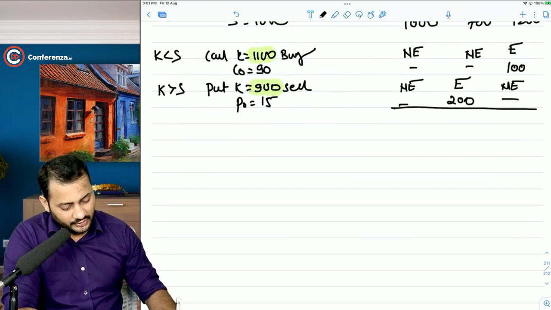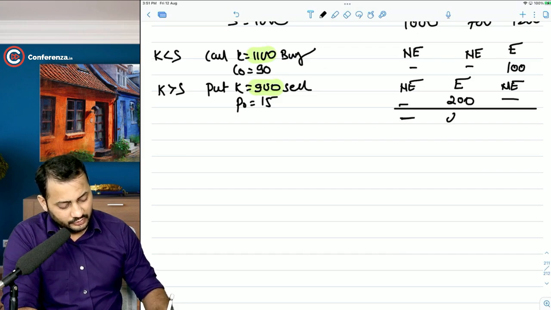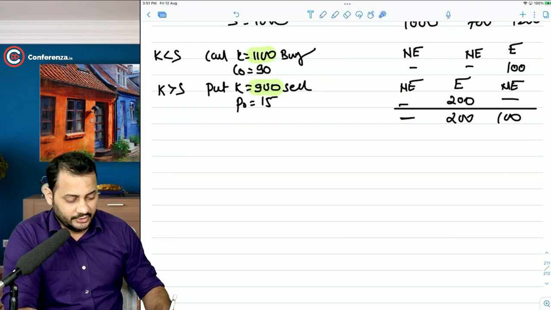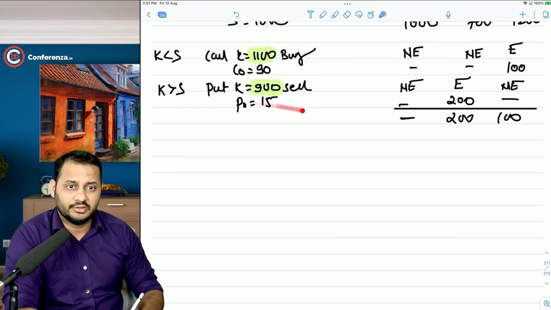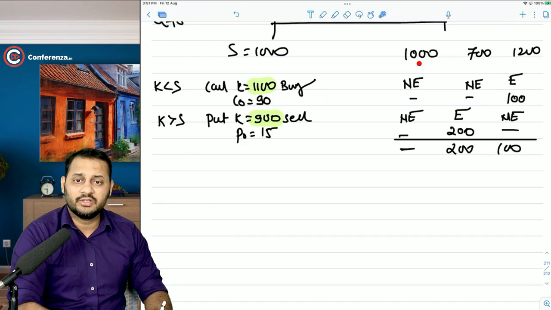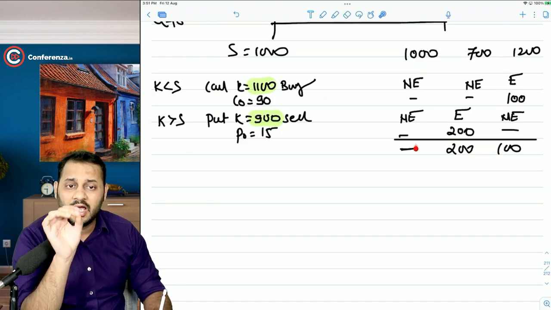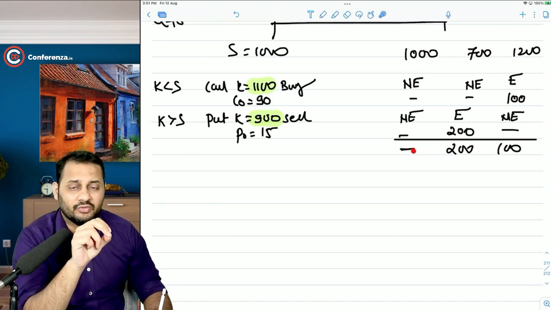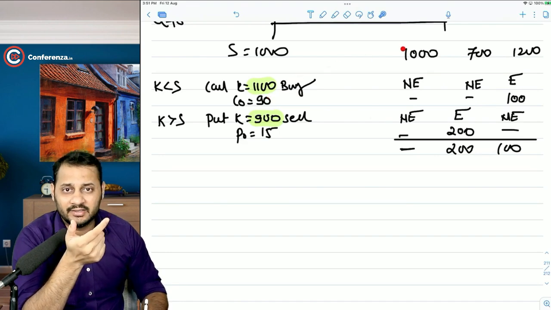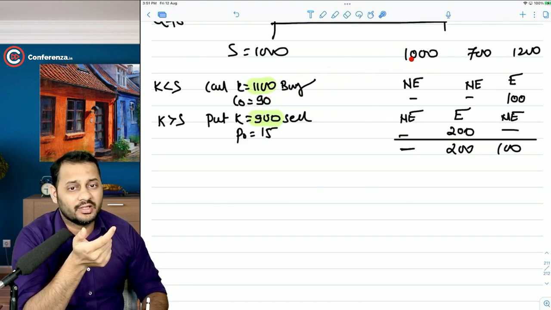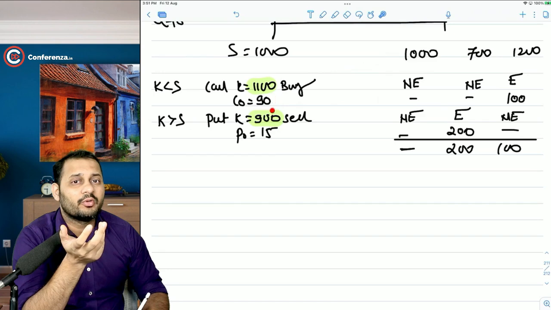Now if you do the total, no cash flow, 200 rupees of cash flow and 100 rupees of cash flow, in total from both the options. If the market goes to 1000, we will not have any cash flow because the buying price is higher than 1000 and the selling price is lower than 1000. So both are not profitable.